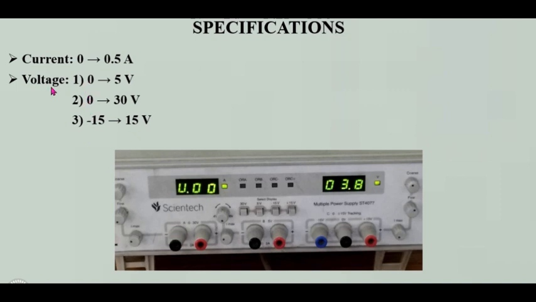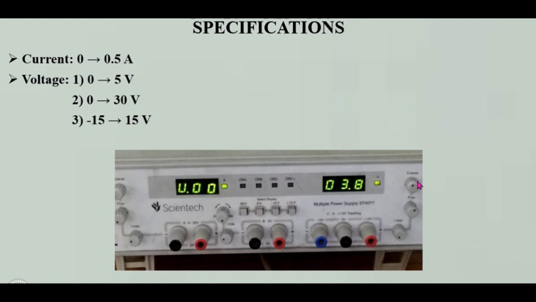We have three variations in voltage, or we can obtain three different ranges of voltage at different terminals. This terminal here is written as 0 to 30 volt. Then we have here 0 to 5 volt. And then we have minus 15, 0, plus 15, so we can vary the voltage from minus 15 to plus 15 in the last three terminals.